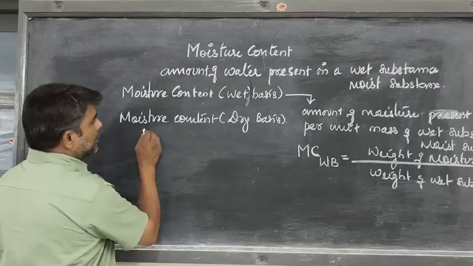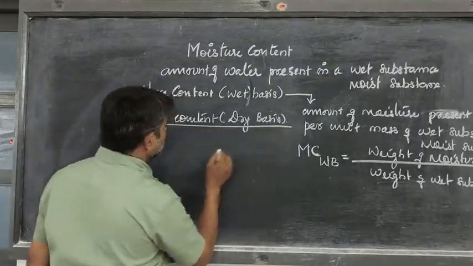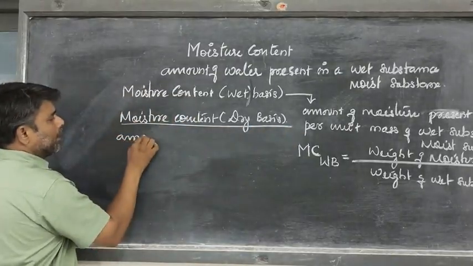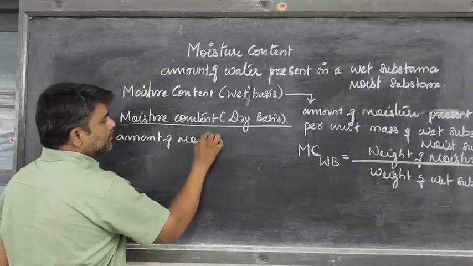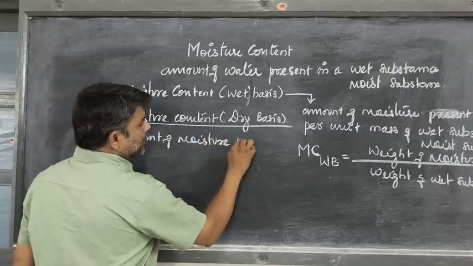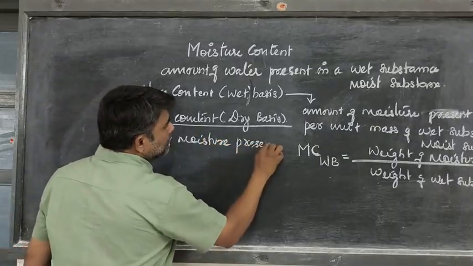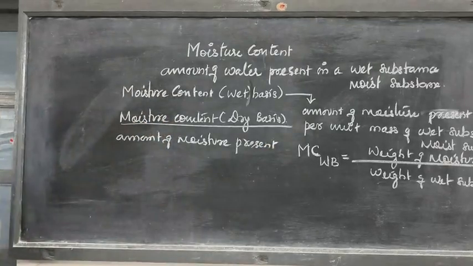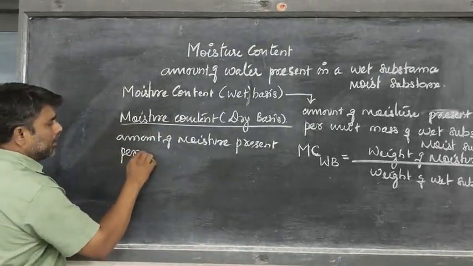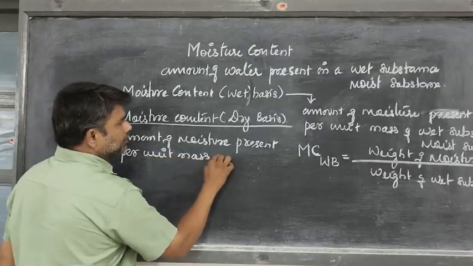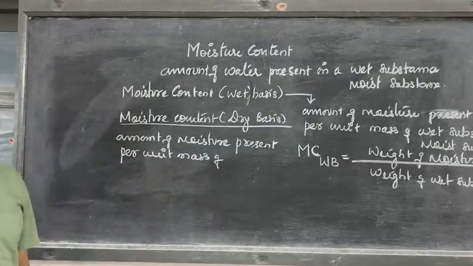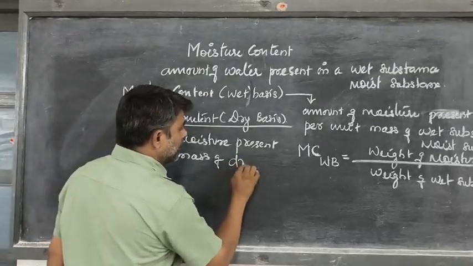Similarly, moisture content on dry basis. It is defined as amount of moisture present per unit mass of dry solids or dry substance.